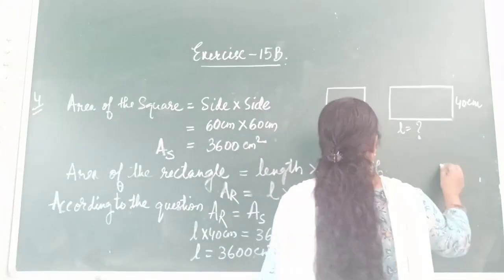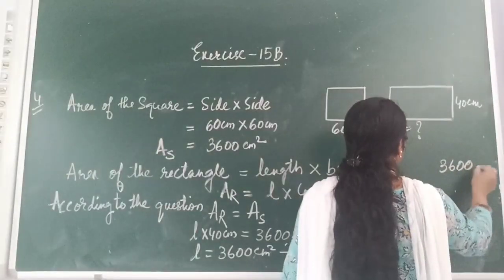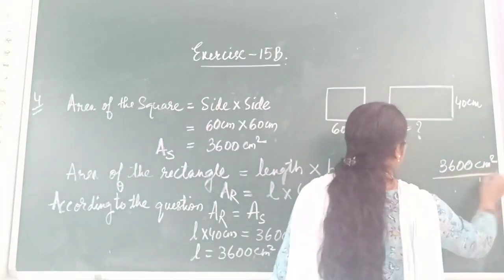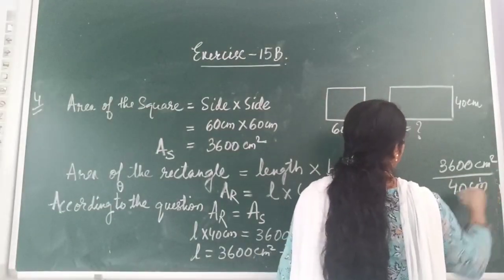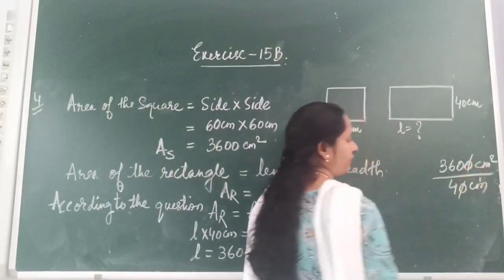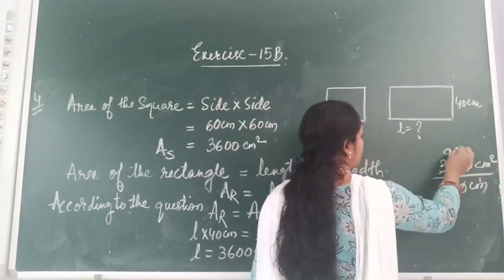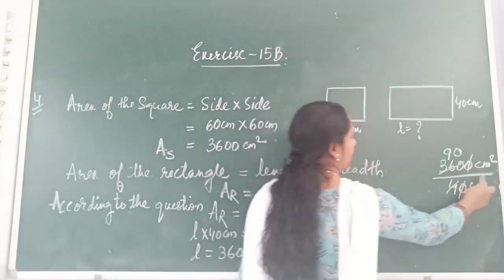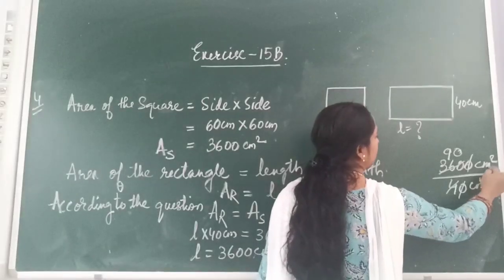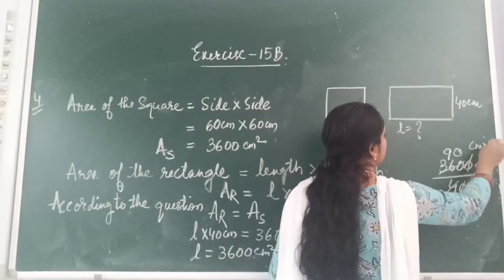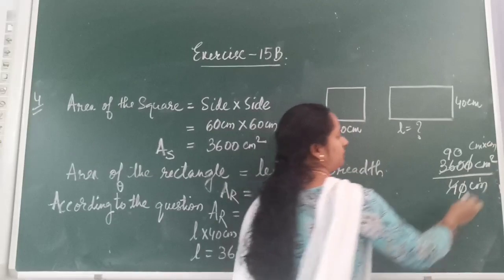And here you see, 3600 centimeter square by 40 centimeter. Here 0 will get cancelled. 4 9s are 36 and the 0. So you get 90. What do you mean by centimeter square? Centimeter square means centimeter multiplied by centimeter.